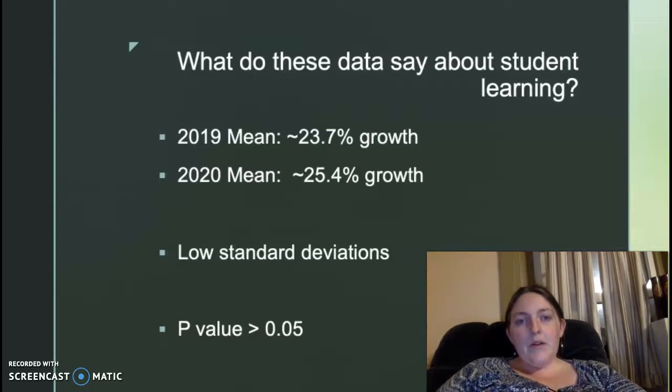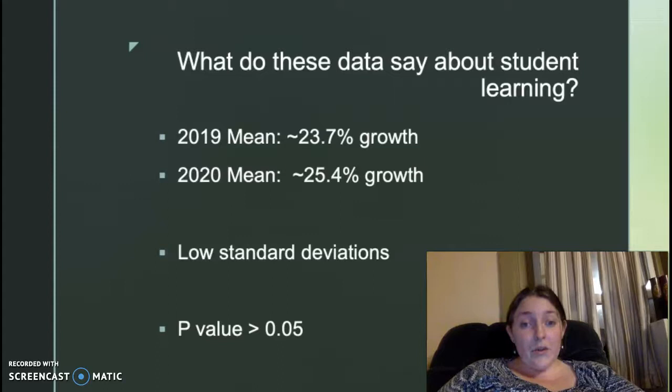So my mean growth overall from pre to post-test in 2019 was approximately 23.4%, and in 2020 it was 25.4%. So that, to me, showed a growth, but what I really needed to determine is, was this a significant growth?